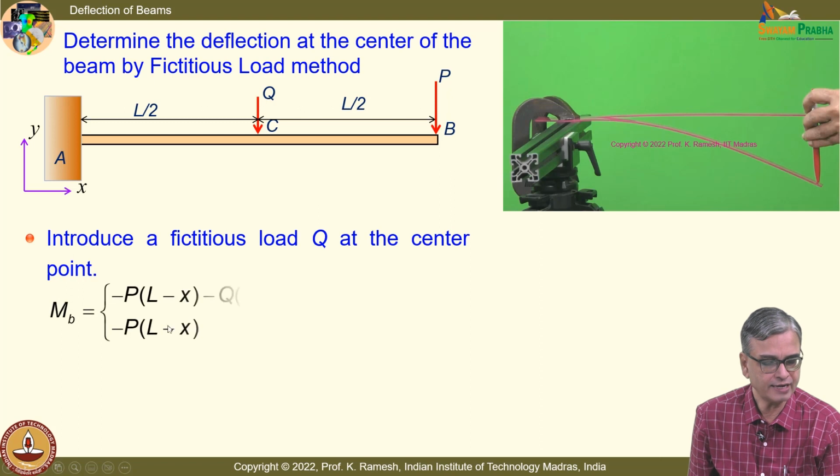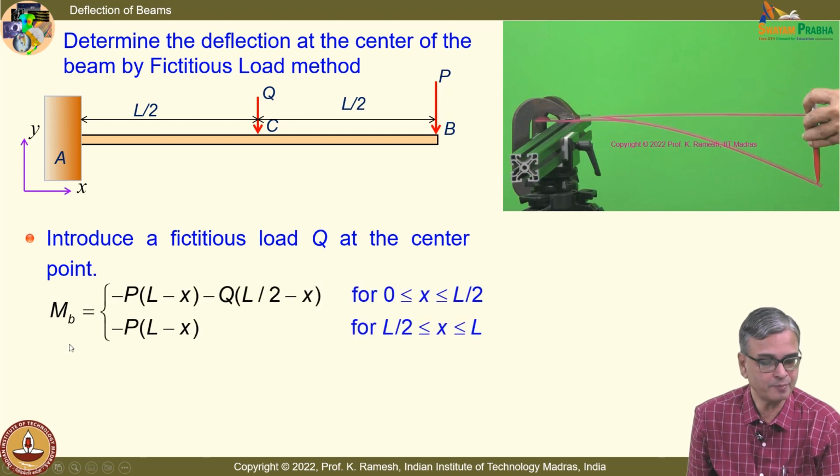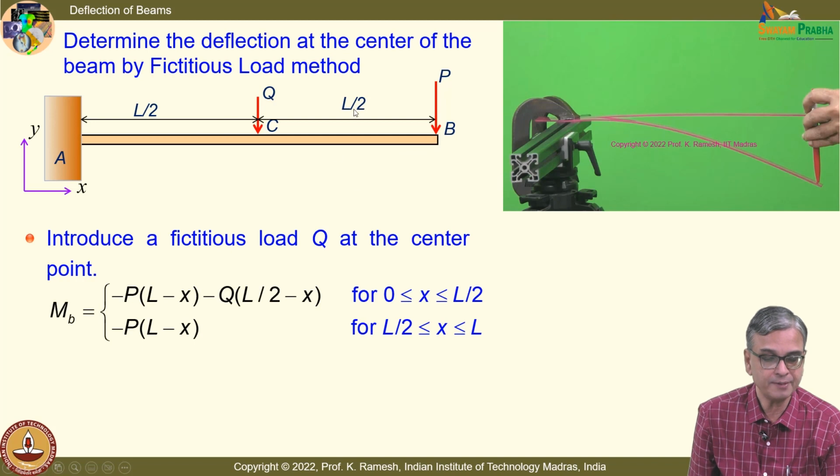So if I do that, I have the bending moment for the section 0 to L by 2, I have minus P (L minus x) minus Q multiplied by (L by 2 minus x). And for the rest of the section C to B, only P is contributing to the bending energy, Q does not contribute to the bending energy.